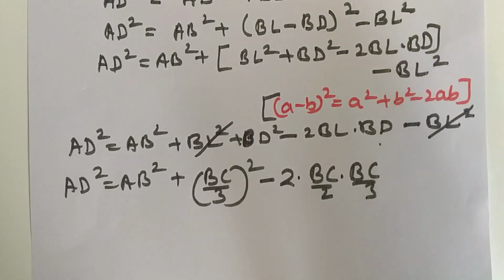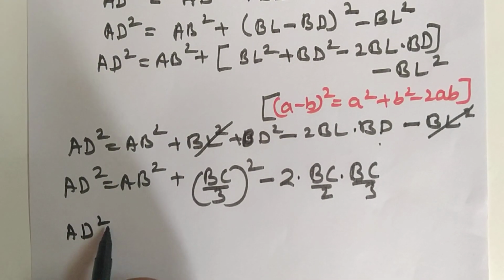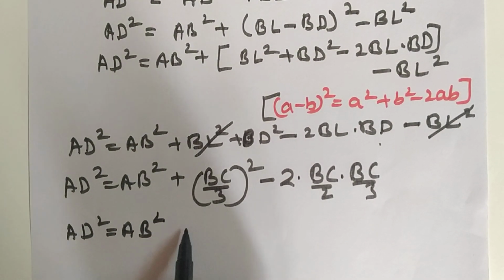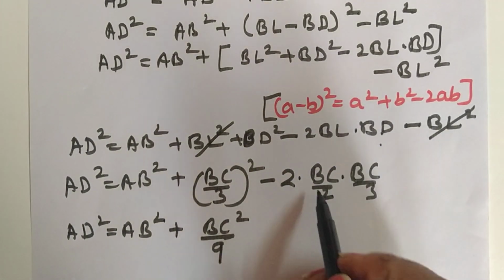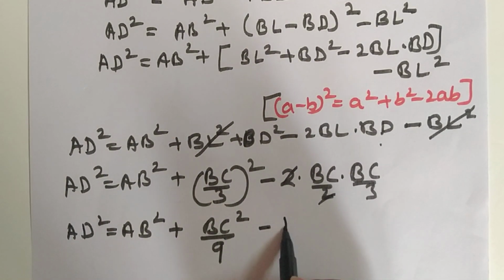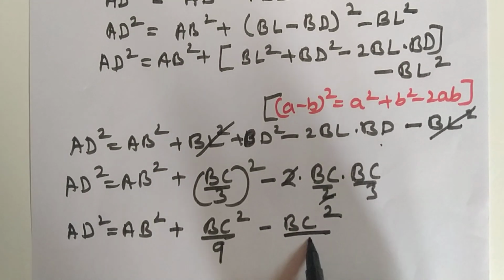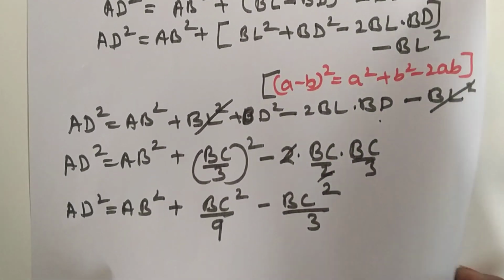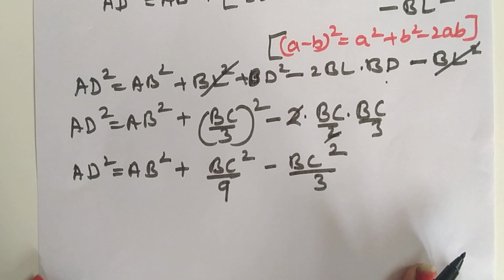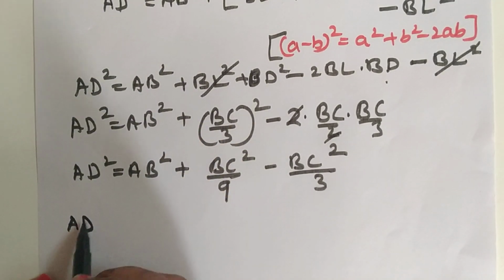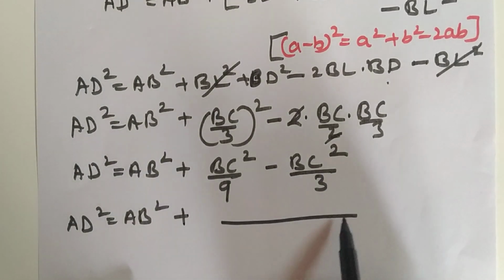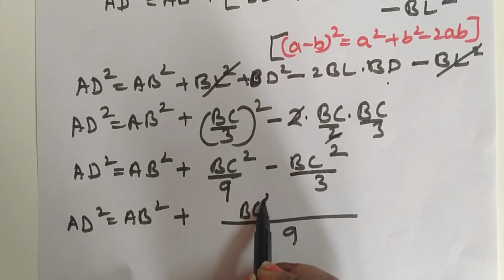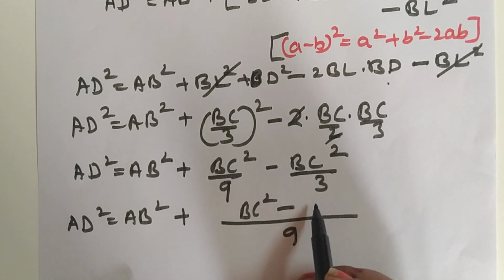So now we have AD square is equal to AB square plus BC square upon 9, and this 2 will be cancelled out, minus BC square upon 3. So AD square is equal to AB square plus, we are taking LCM here now, BC square minus 3 BC square, since 3 threes are 9.